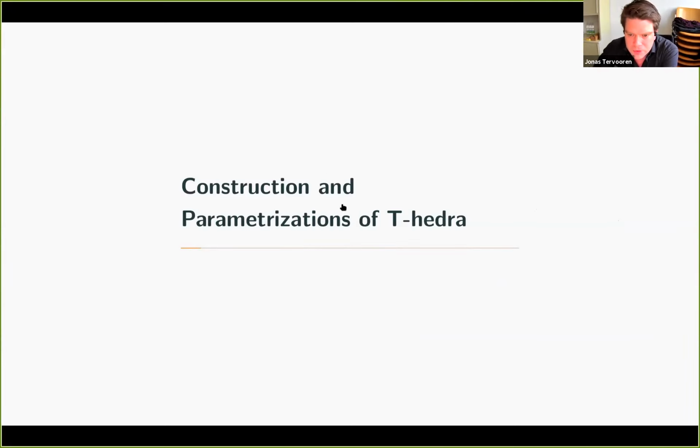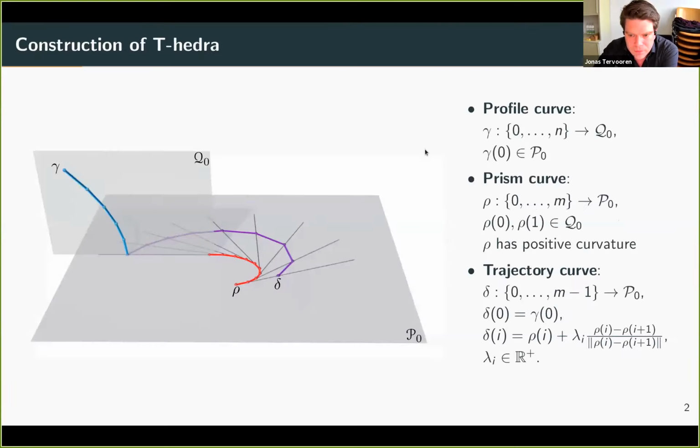So the discrete surfaces are called T-hedra. Let's start with the construction of them, given two orthogonal planes in space, here Q0 and P0. In our talk, we will always assume that P0 is the XY plane and Q0 is the XZ plane. And in these orthogonal planes, we choose some polygons.